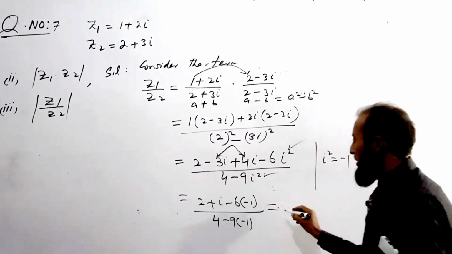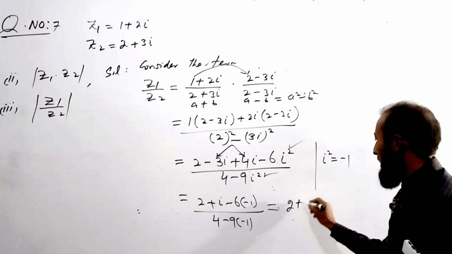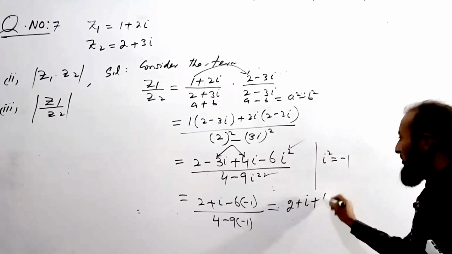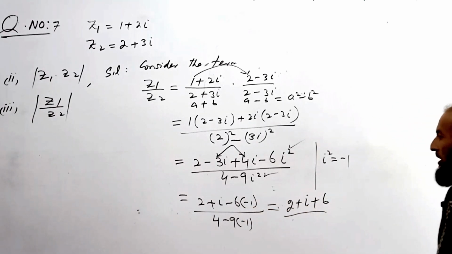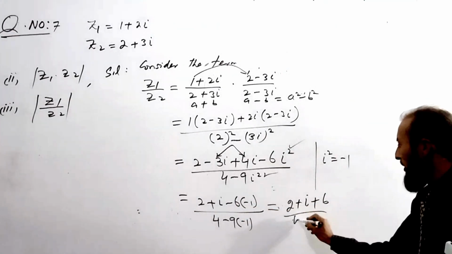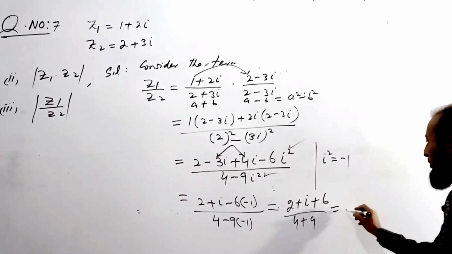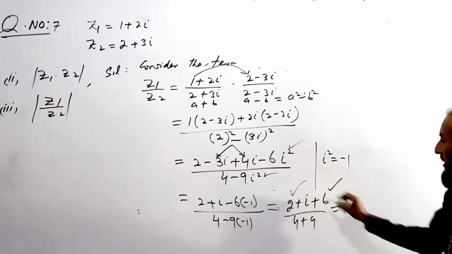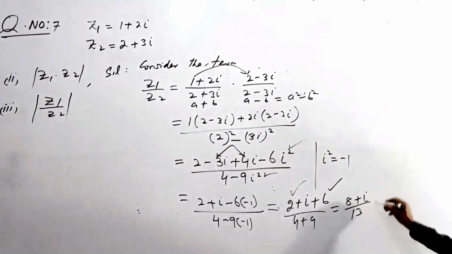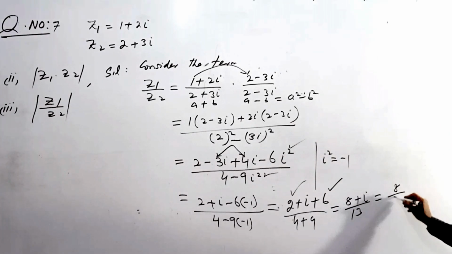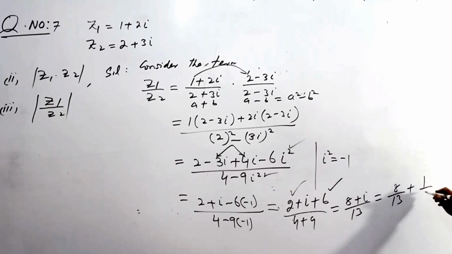Similarly, we simplify this one: 2 plus iota plus 6, minus into minus plus 4 plus 9. So here the real is 8 plus iota divided by 13. We can write this one as 8 divided by 13 plus 1 divided by 13 into iota.